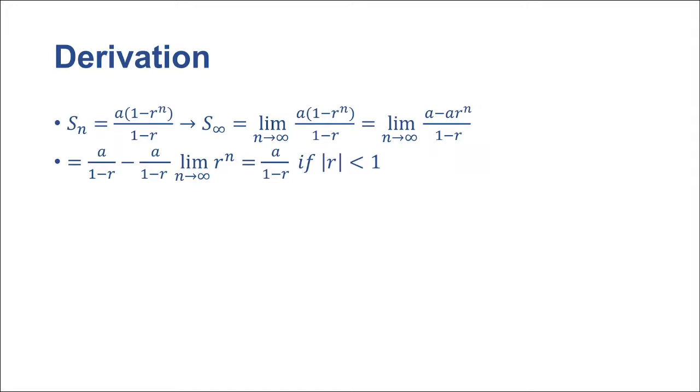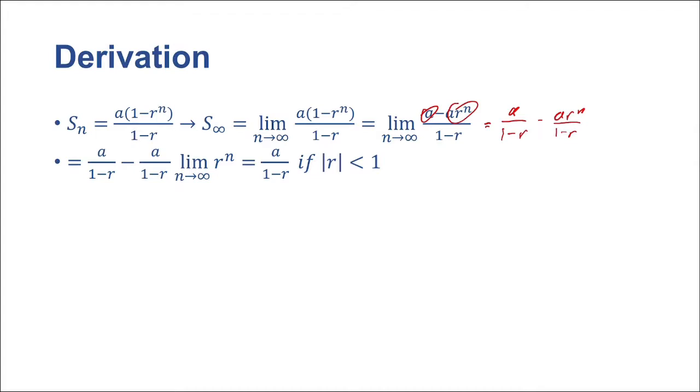So we will multiply everything by a on the top, so you get the limit as n approaches infinity of a minus a times r to the n over 1 minus r. Now what we can do is split this fraction up. We have one term in the numerator here, another term there, so this is going to be equal to a over 1 minus r minus a r to the n over 1 minus r.